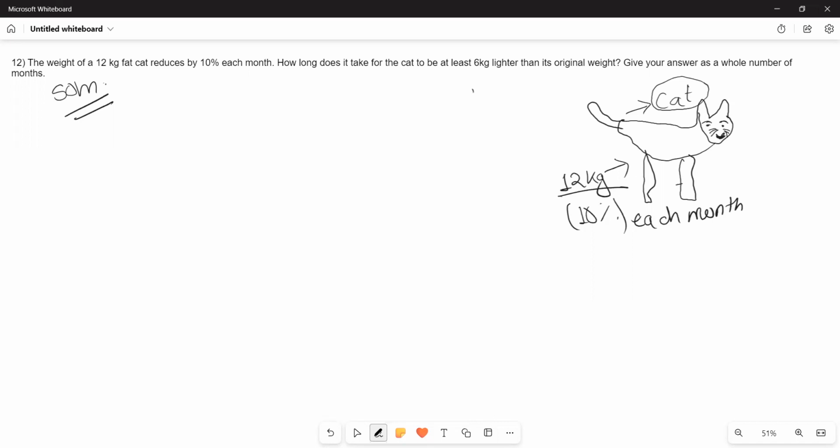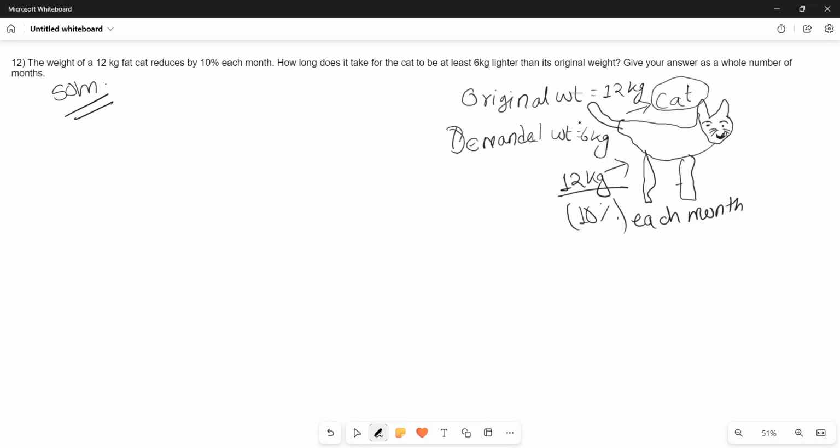So the original weight, WT, is equal to how much? It's 12 kg. And then the demanded weight is 6 kg.